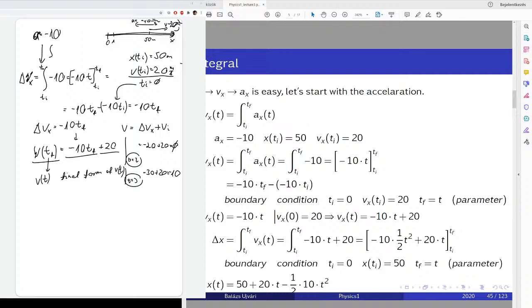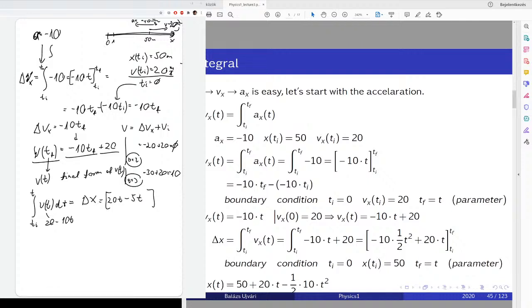Integrating from t initial to any t, you can write here t final or only t, gives you the delta x. What if I integrate this 20 minus 10t? Integrating the 20, let's see the primitive function, it's 20t minus 5t squared.